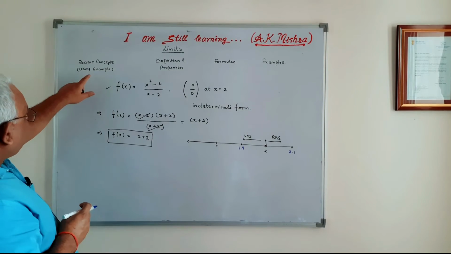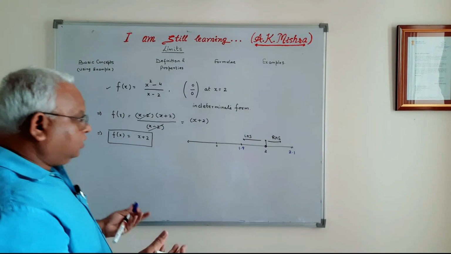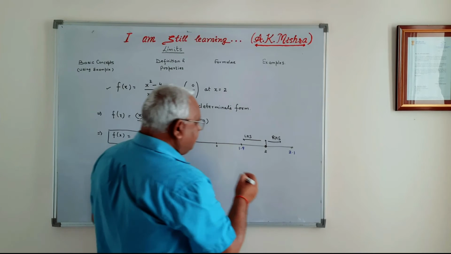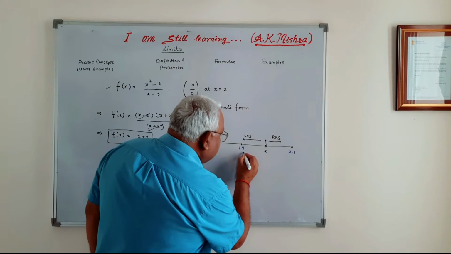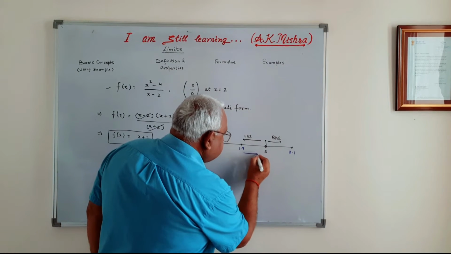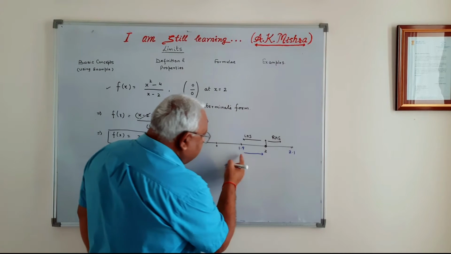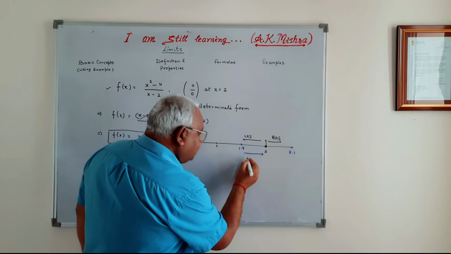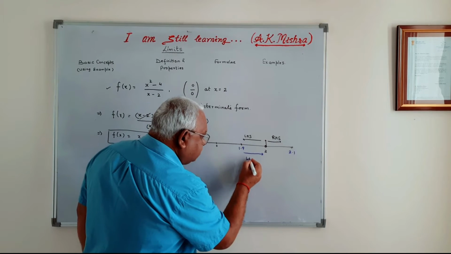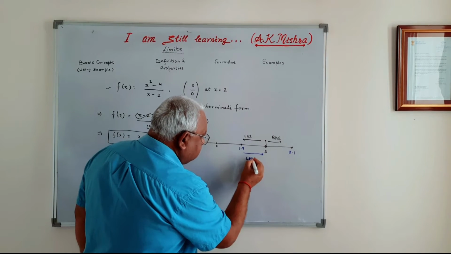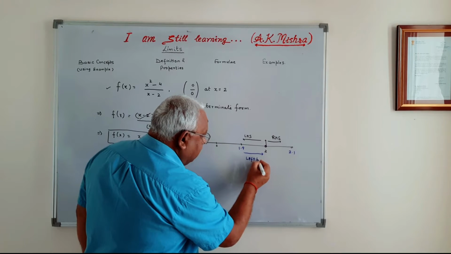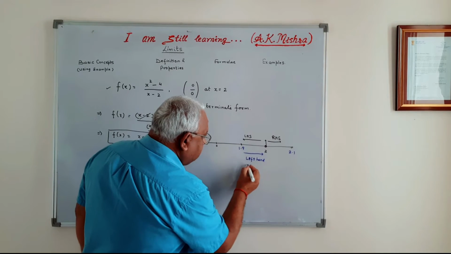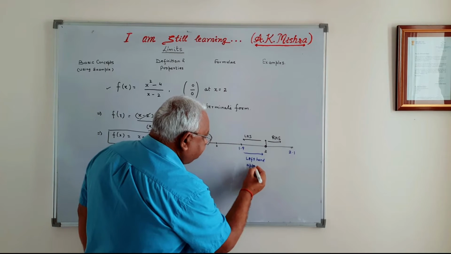So now what is the concept of limit? What does limit say? Limit says your goal is to approach from the left hand side towards 2. So this is called left hand approach.